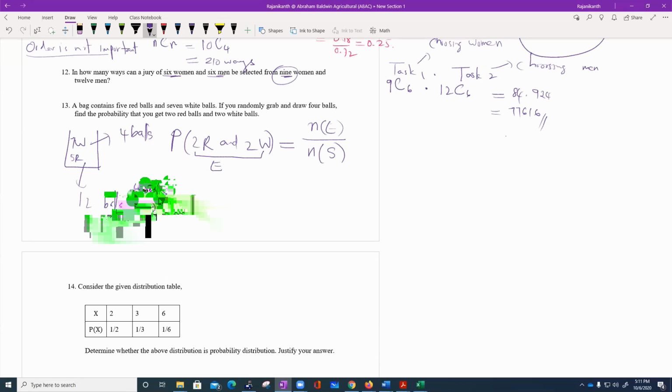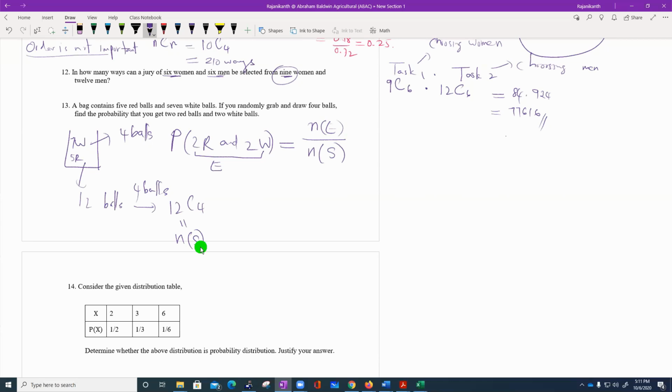You could choose 12 C4 ways, right? So this is the total possibilities you may have. This answer is nothing but all the possibilities from your sample space. So you ask yourself, in how many different ways could you choose 4 balls from 12? There are 12 C4 ways. That is going to be all the possibilities.